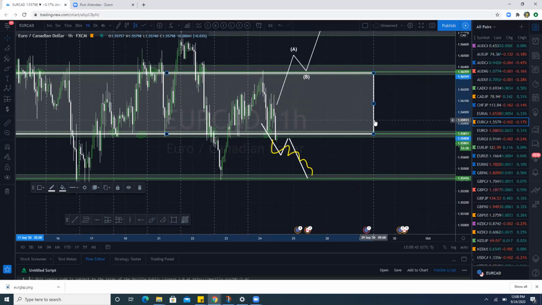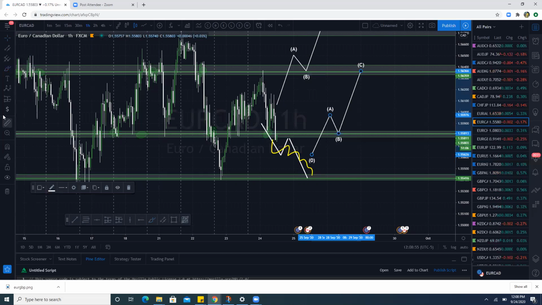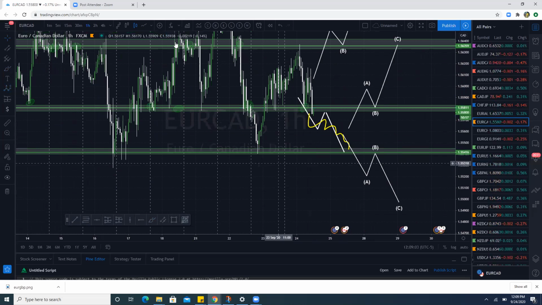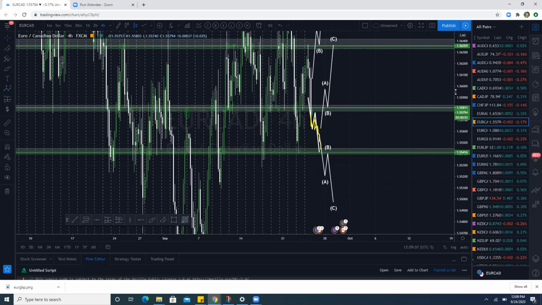Delete that. It's either going to look like this or go down to the next zone. And you're just waiting for the market to tell you where you're going. You're just following the market to see if I can find another zone.